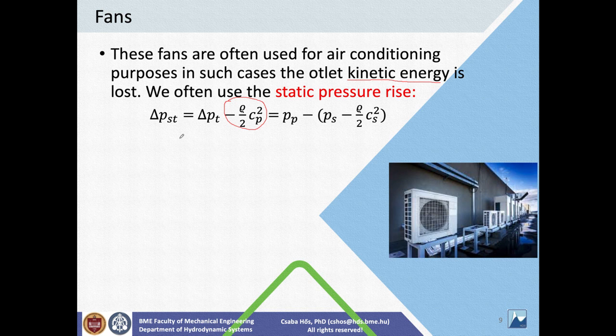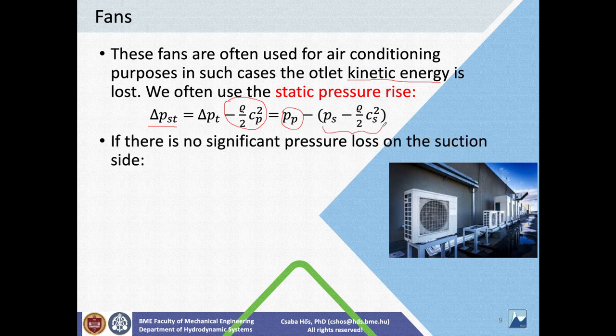Okay, so very often we also use static pressure difference, which is by definition the total pressure difference minus the exit kinetic energy. And if you rewrite this equation, you will see that it's the pressure side static pressure minus the total pressure of the suction side.